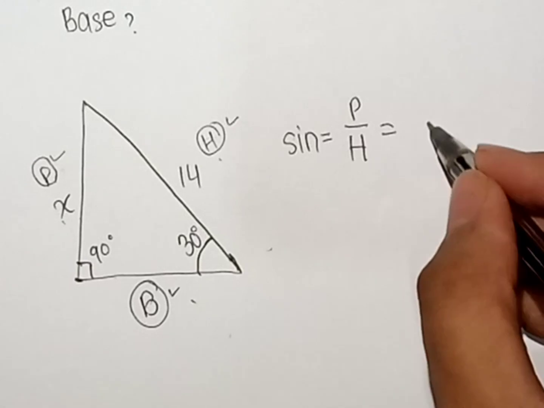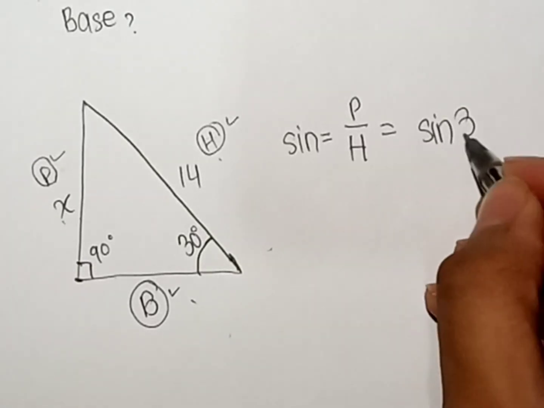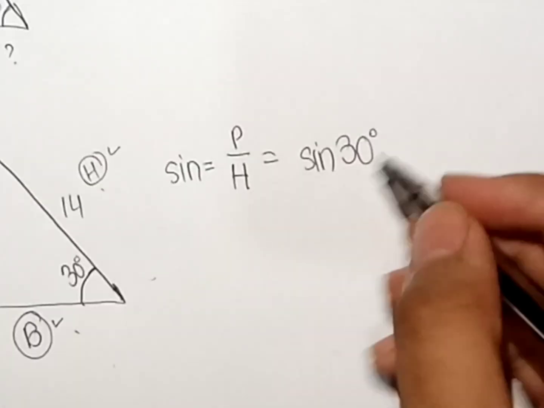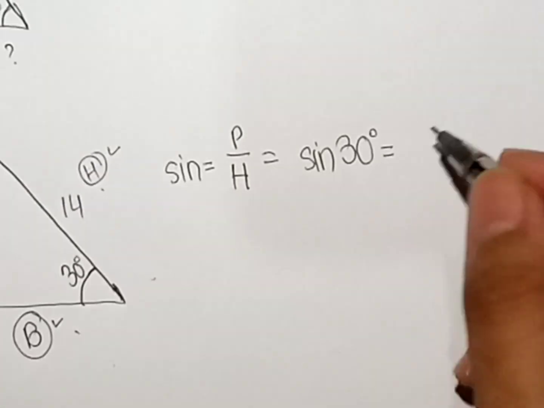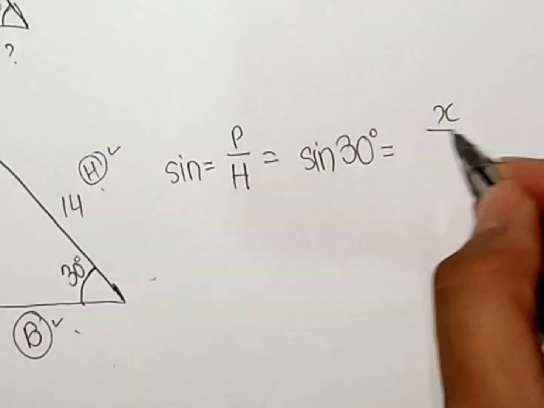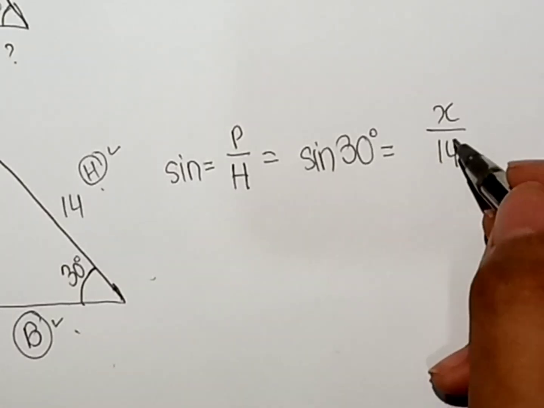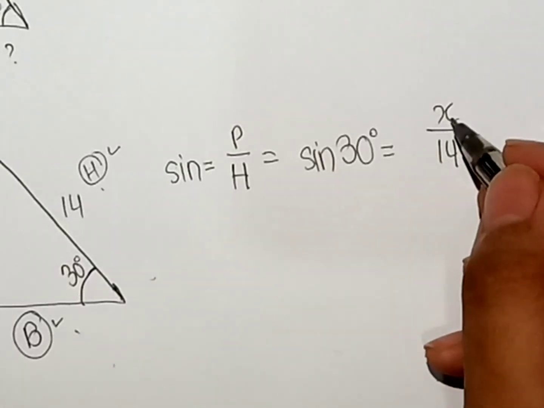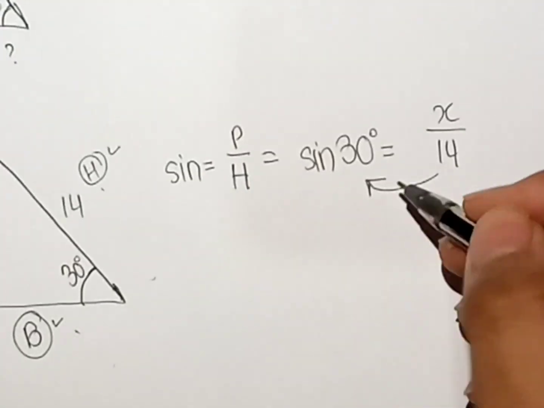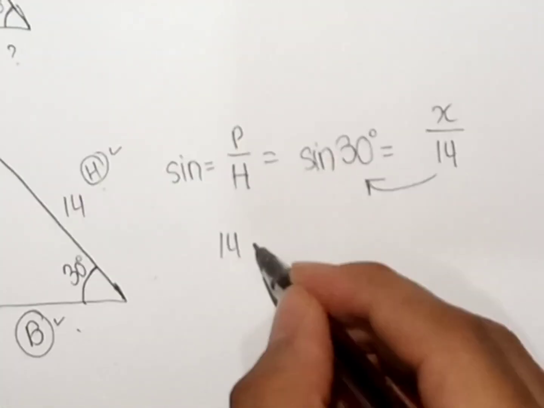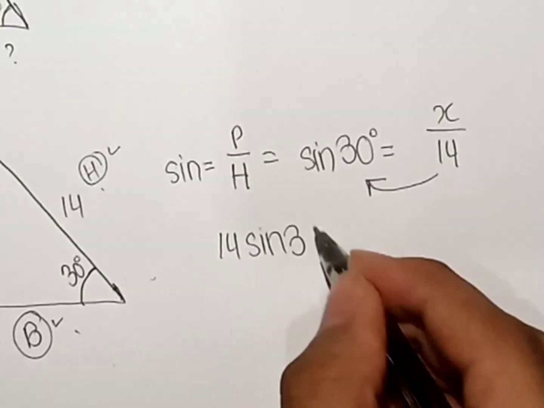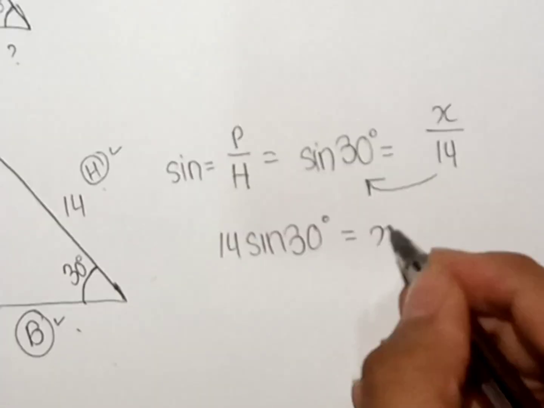So first of all, sine 30 is equal to, what is the value of the perpendicular? x, which we do not know, upon the hypotenuse 14. Now here 14 is dividing x, so when it goes to the other side, it will multiply. 14 sine 30 is equal to x.